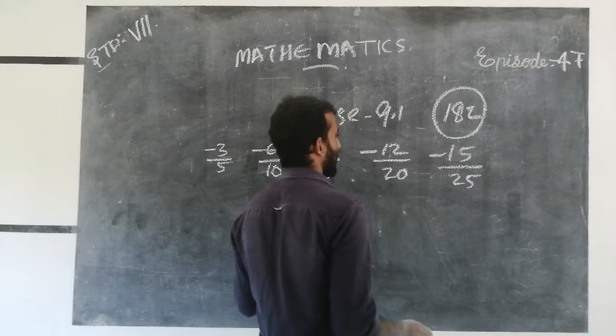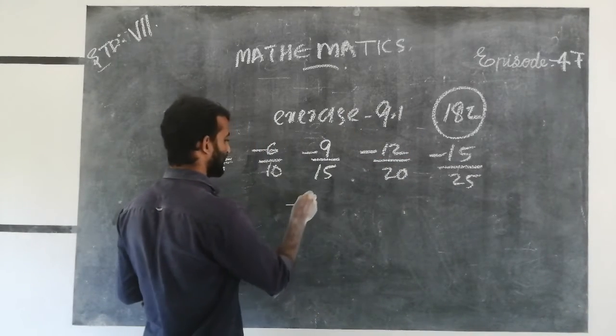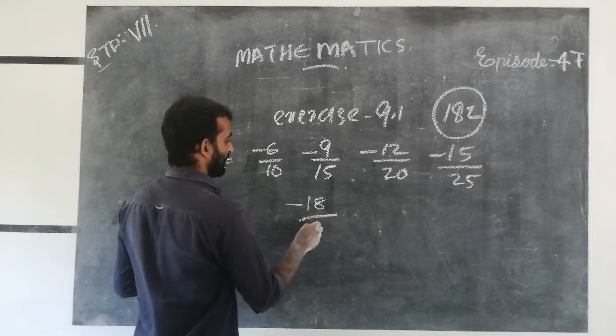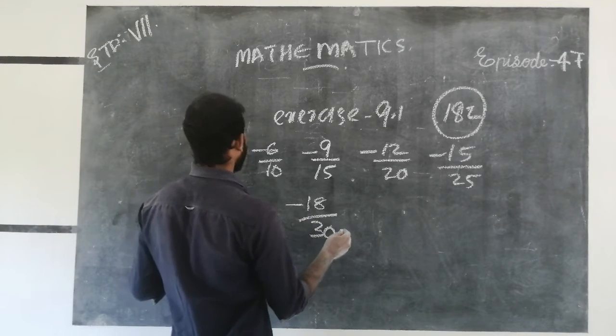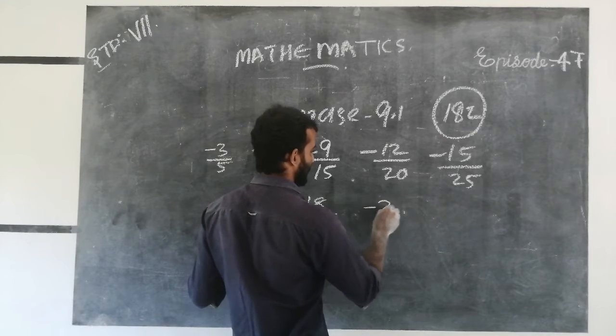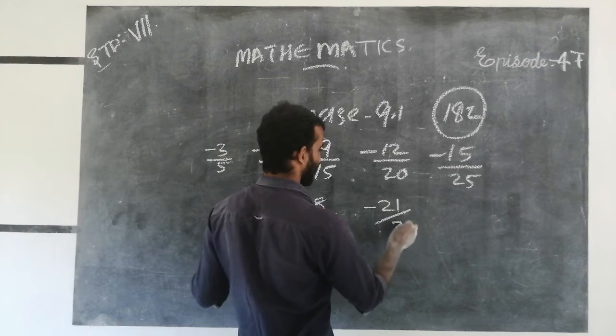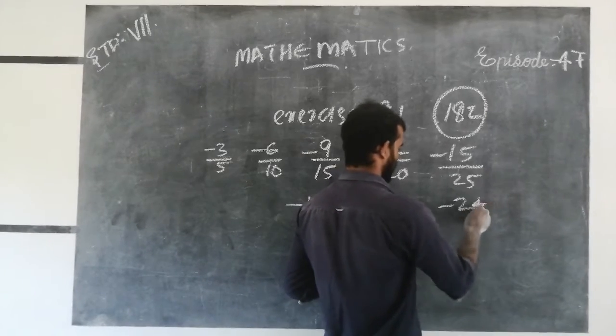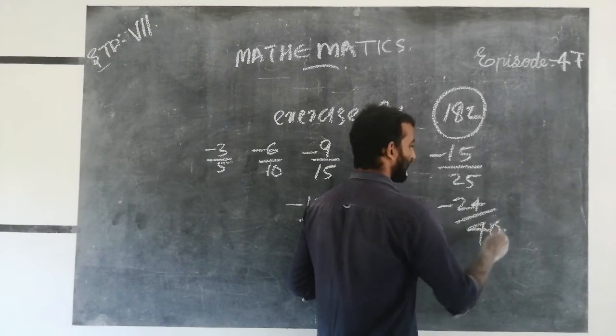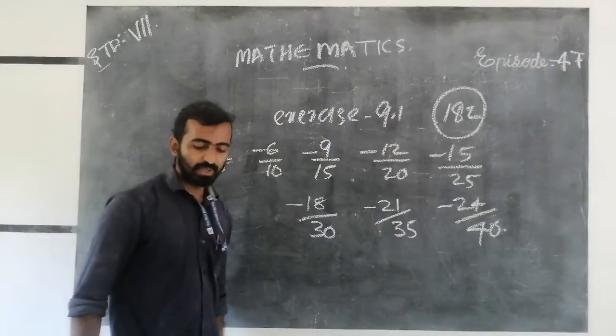And next we write negative 18 by 30, negative 21 by 35, negative 24 by 40. These are the patterns.